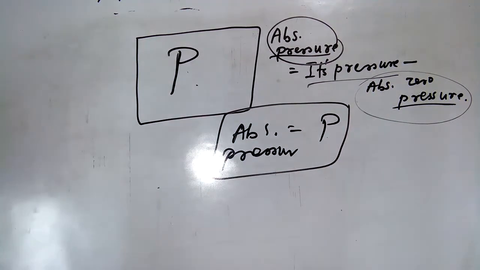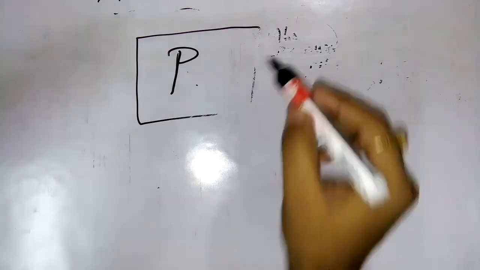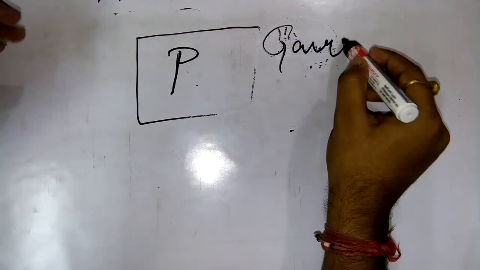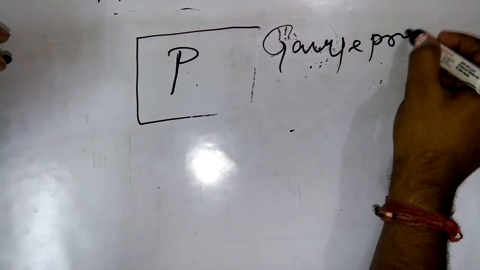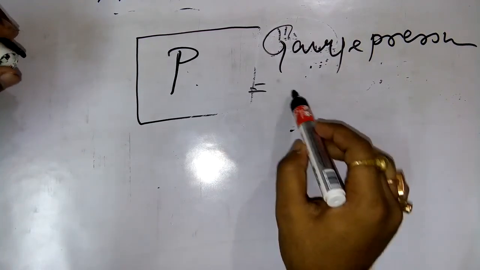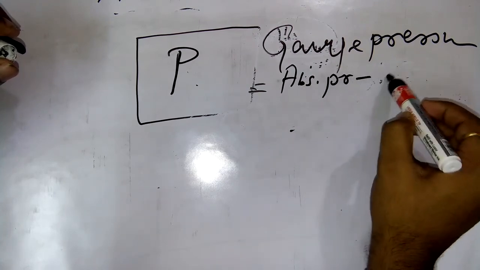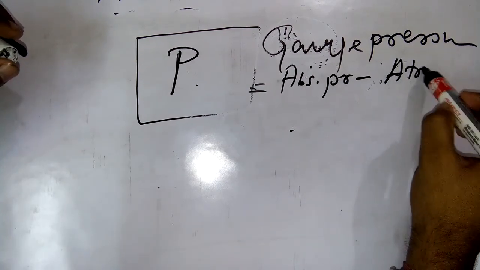Now what is gauge pressure? Gauge pressure is nothing but the absolute pressure minus the atmospheric pressure.